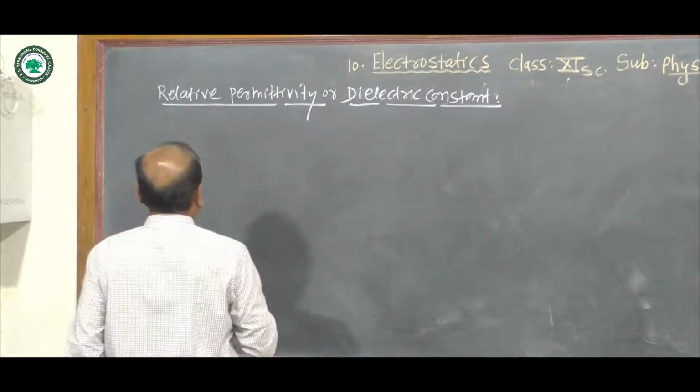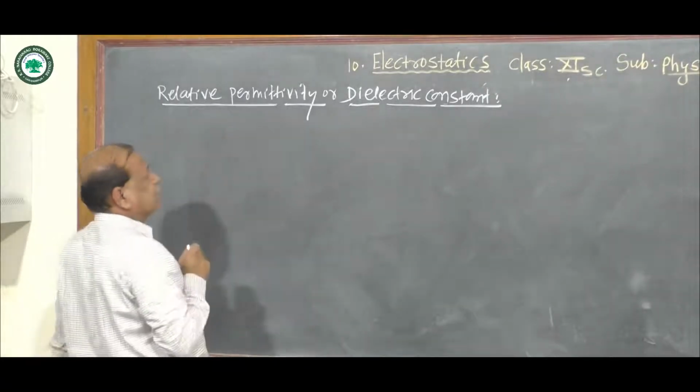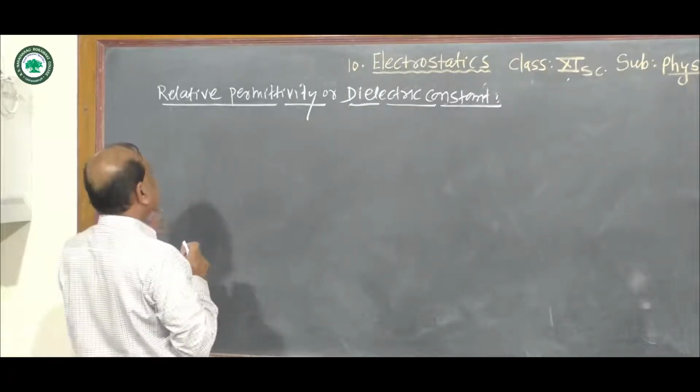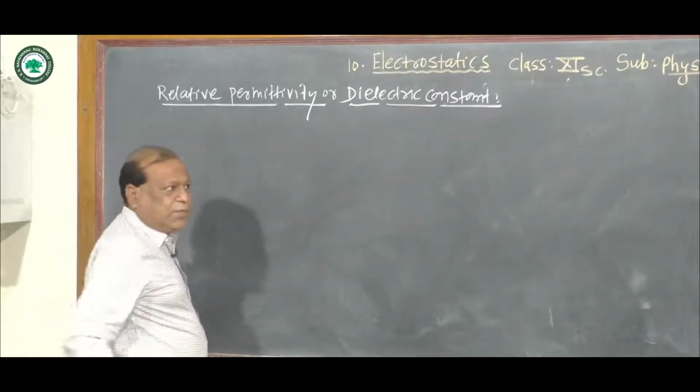Now we write the definition of this dielectric constant, or relative permittivity.